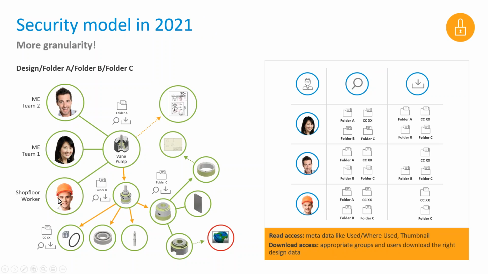So now somebody out in the shop can see folders A and B, and they can even see their contents so that they could get down to folder C, but they won't be able to download anything in folders A or B, right? So now you've got more granularity there. You can more carefully control who can get that file.